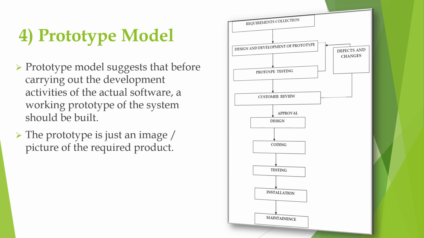Now, in SDLC, what is this prototype model? Let us discuss today. In the prototype model, we have various stages: requirement collection, design and development of a prototype, prototype testing, then customer review or approval. If there is any defect or changes, it will again come back to the design and development stage.